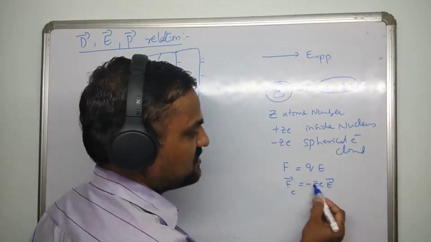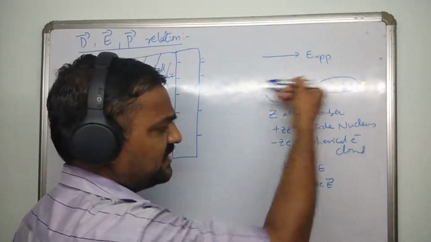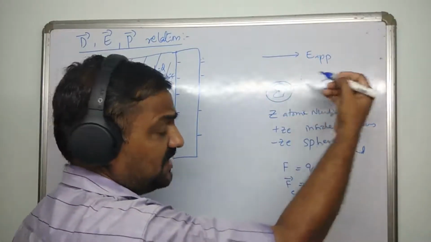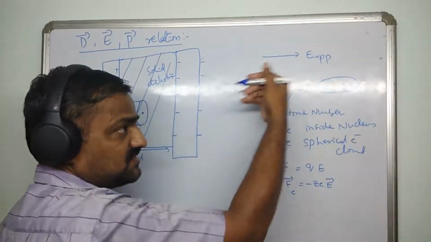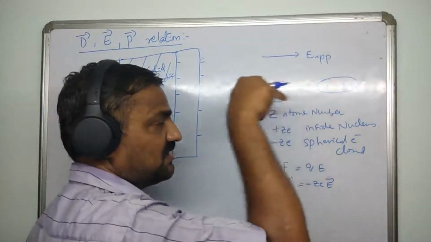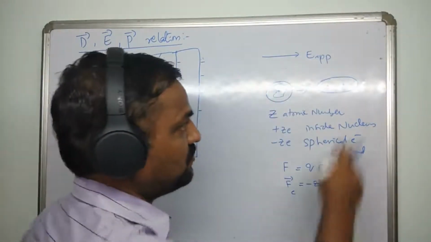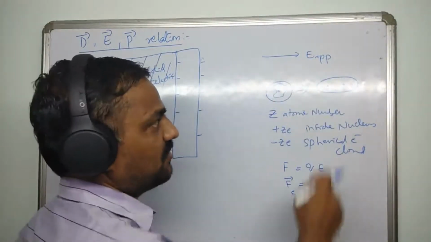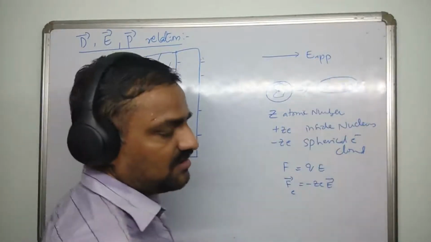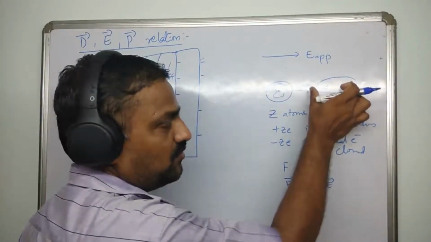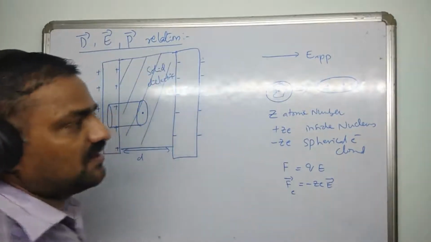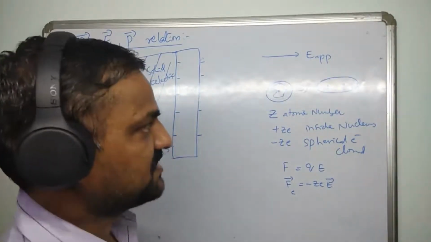Electric field is this way because there is a minus sign. So the negative electron cloud will experience a force on this side, whereas the positive nucleus will have a force this side. So we are going to have some kind of tug of war between the positive nucleus and the negative electron cloud center, and it takes a little oval shape. This is what we call polarization, dielectric polarization.